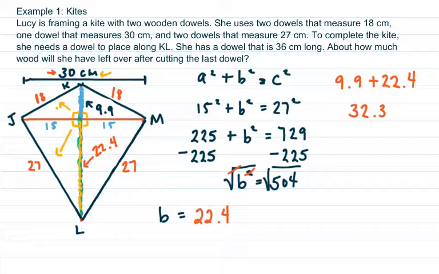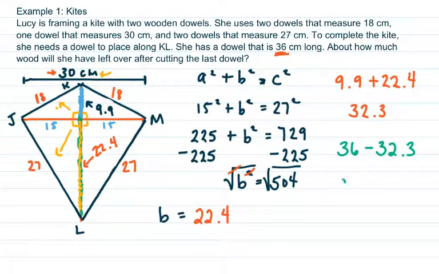But that's not what they asked for. They asked how much wood would she have left over. So she initially had a wooden dowel that was 36 centimeters. So I have to subtract that. So I'm going to say now 36 minus 32.3.